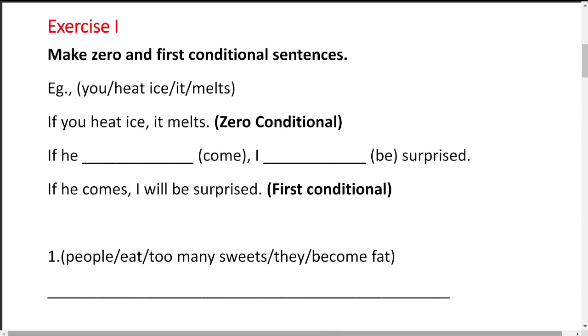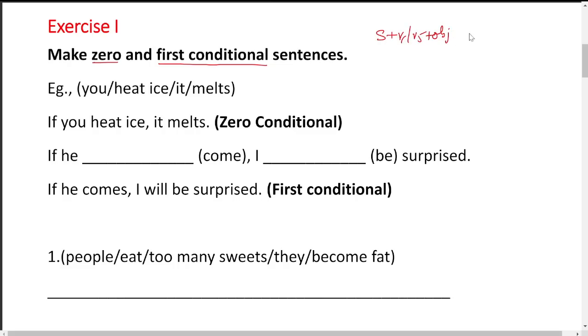Look at exercise number 1. In exercise number 1, there is already an example given. You have to use zero conditions and also first conditions here. Zero condition is subject plus V1 V5 plus object.